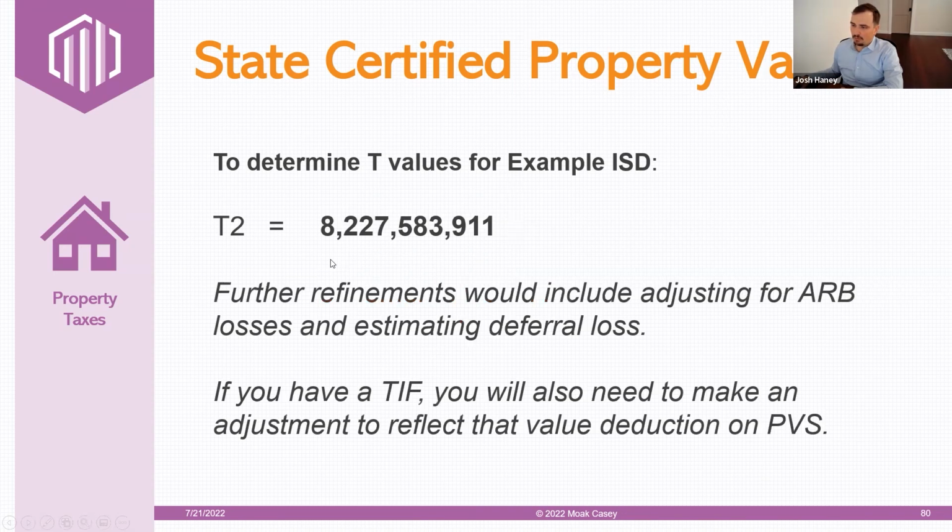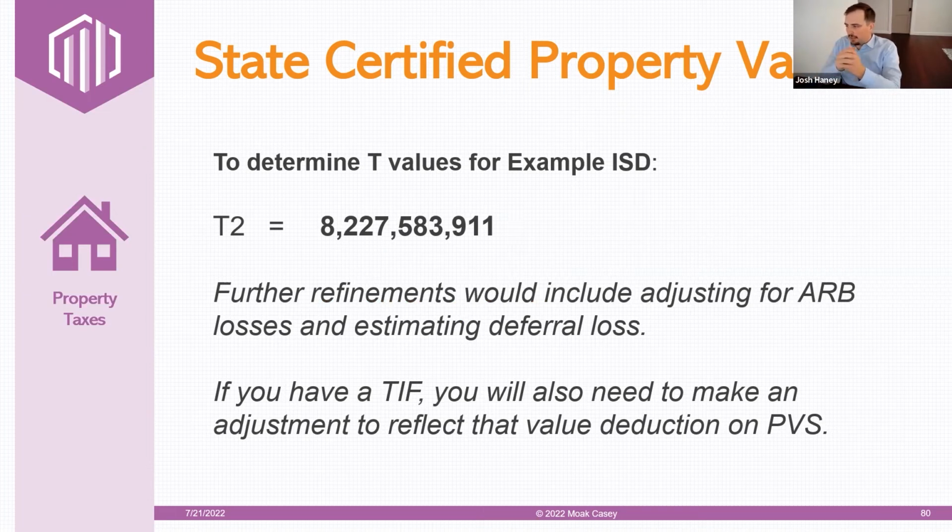And voila, we have a T2 value, okay? Again, this is based on local values, so all those same caveats about state values assigned and how that may change this number apply. Just be mindful of that.